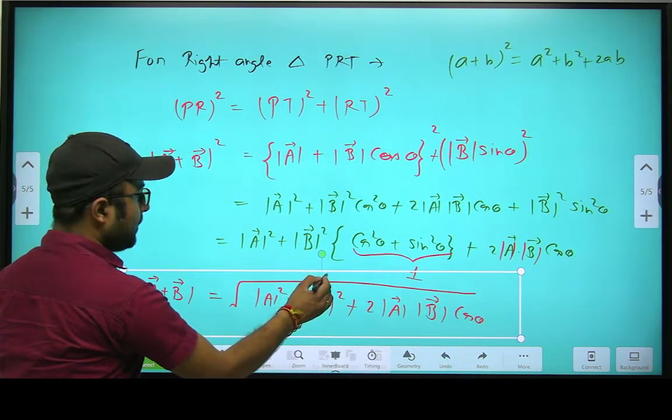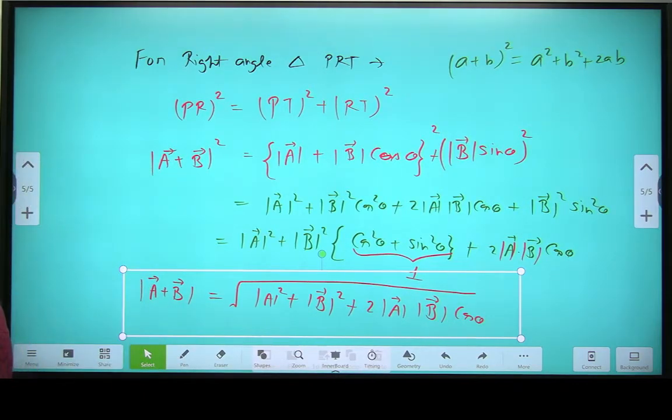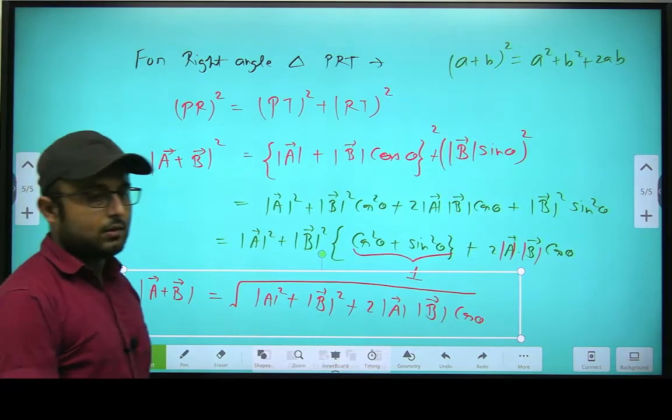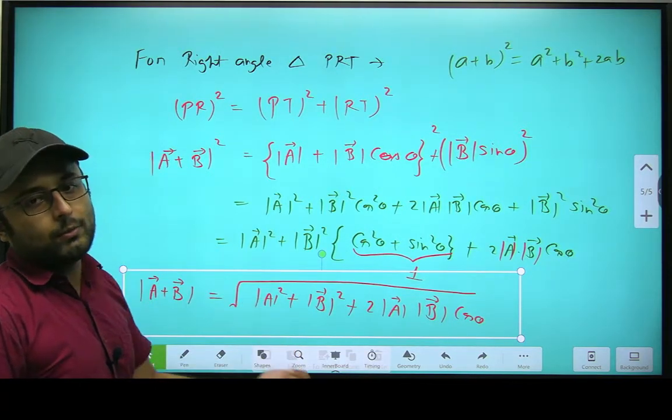So this is the analytical method to find out the magnitude of sum of two vectors.